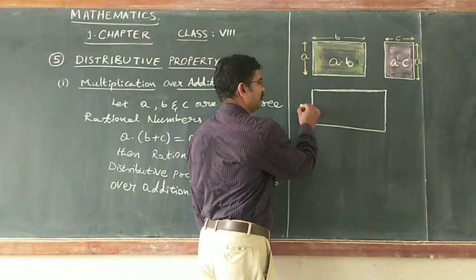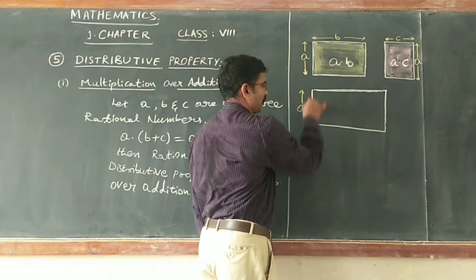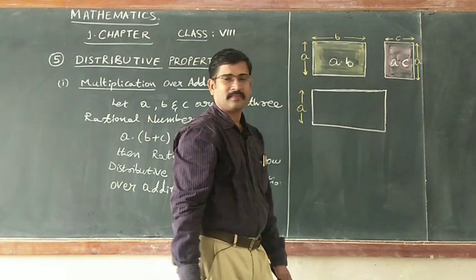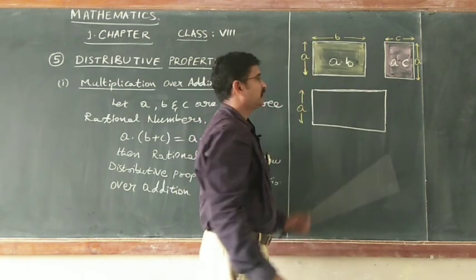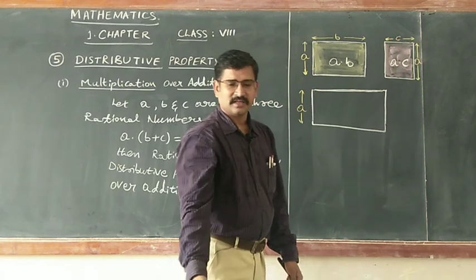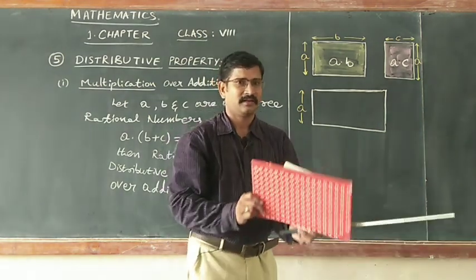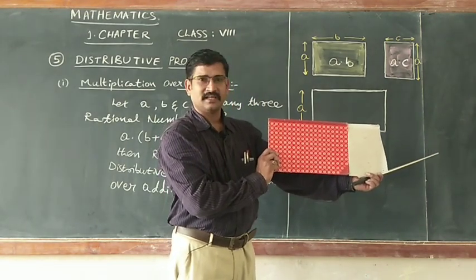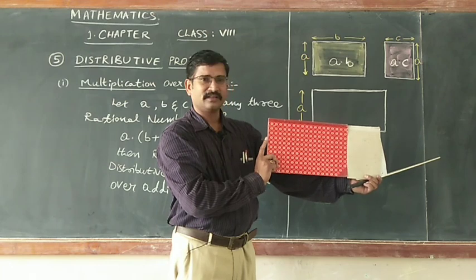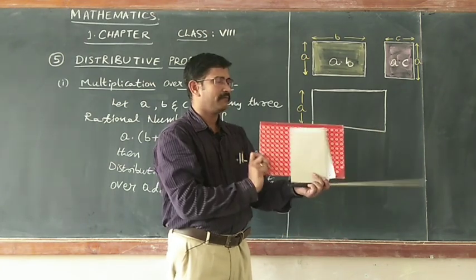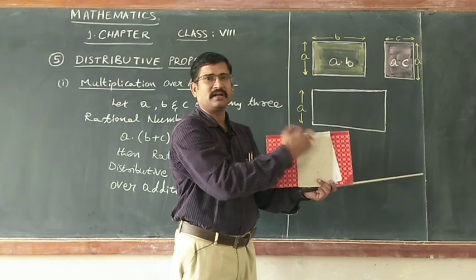See children, here this dimension remains as it is, only the other dimension changes. What would it be? It is very well the sum of the length of this big rectangle with the third dimension of the smaller rectangle.